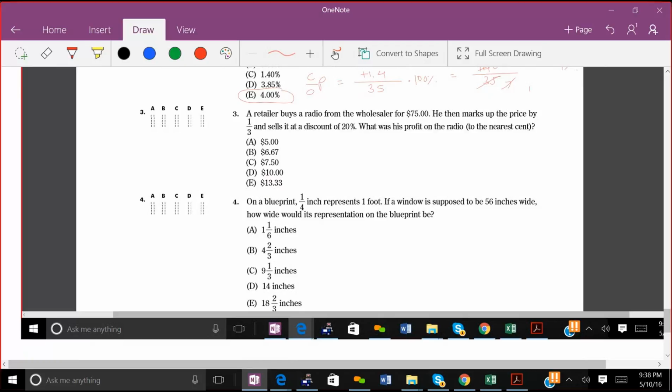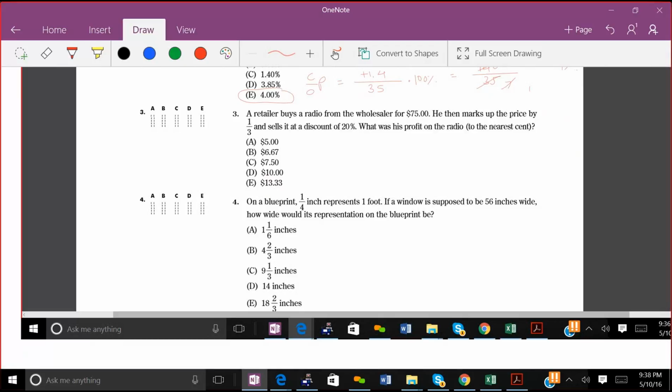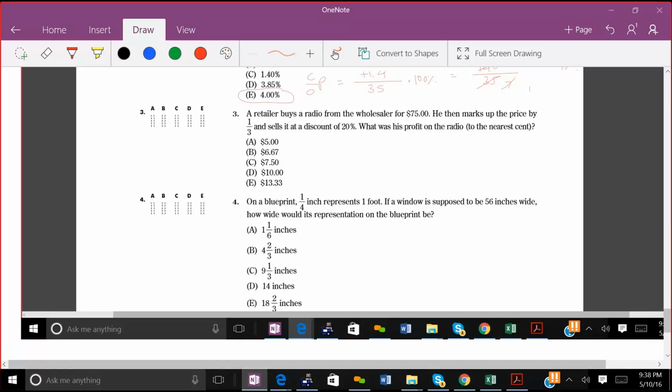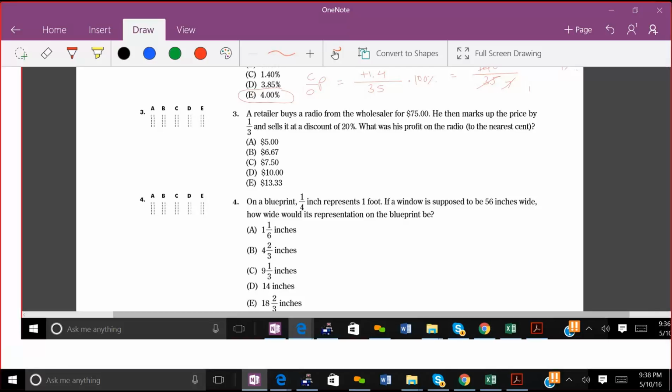A retailer buys a radio from a wholesaler for $75. He then marks up the price by 1/3 and sells it at a discount of 20%. What was his profit on the radio? So 75, it's going up, so times 1.33.